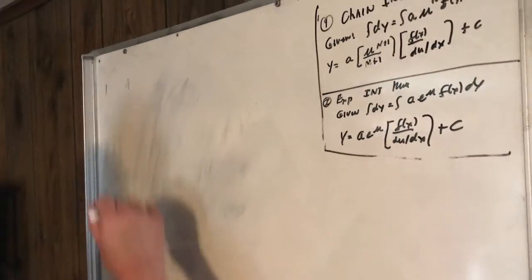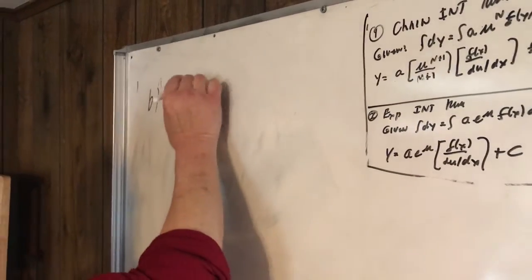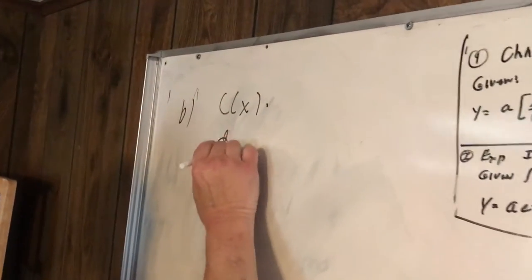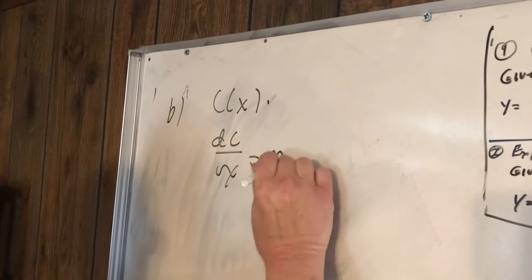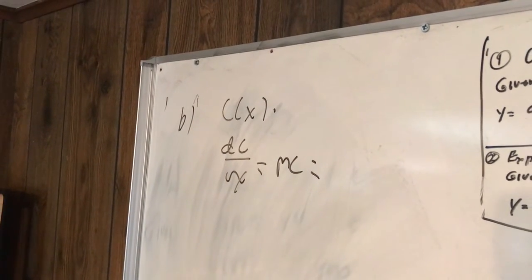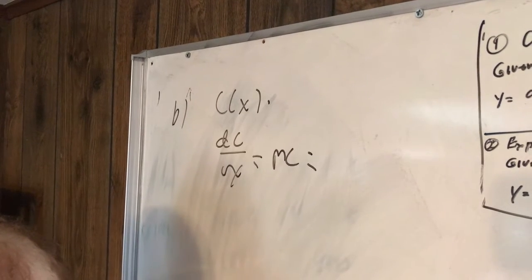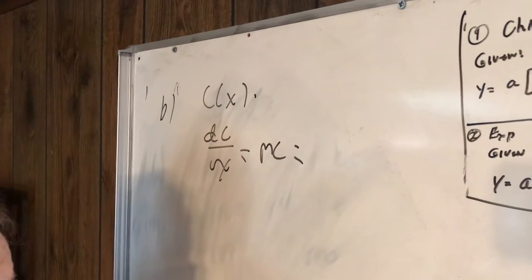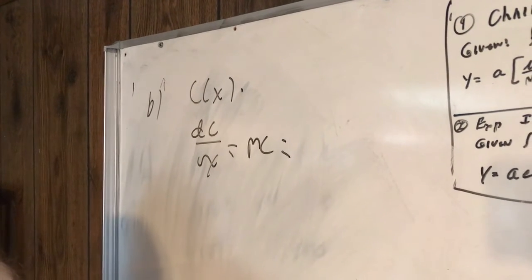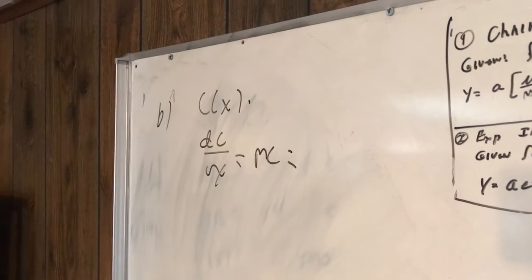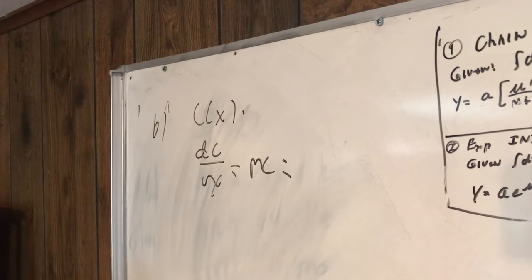Okay, so B is find the cost function. So dc/dx was our marginal cost, and that was equal to, I have to go back to the first page now. It's on the second page.